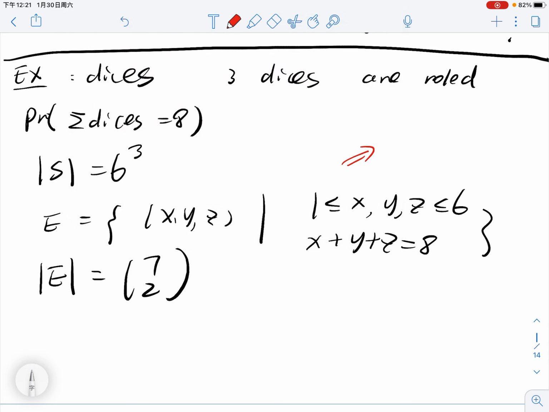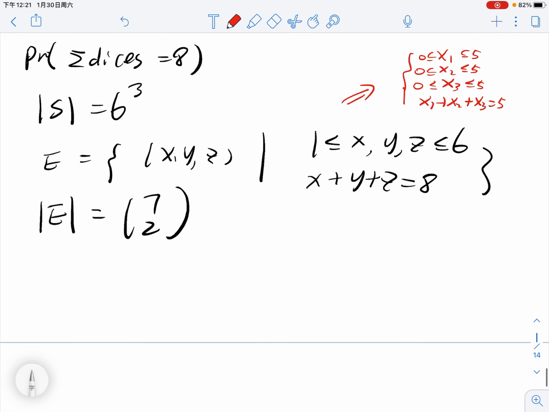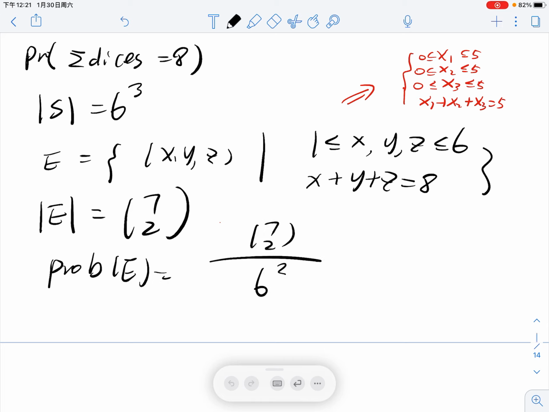And you can transform to X1, X2, X3 greater than or equal to 0 with less than 5, and the summation is 5. And this is the case where R is less than the upper bounds. Now you have this formula, and then the probability is 7 choose 2 divided by 6 cubed.